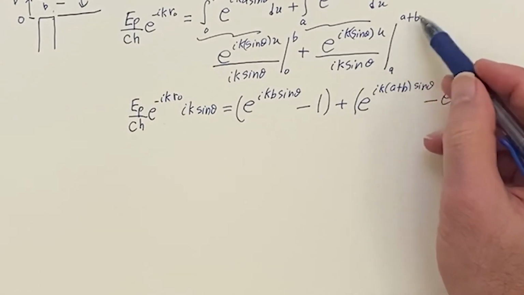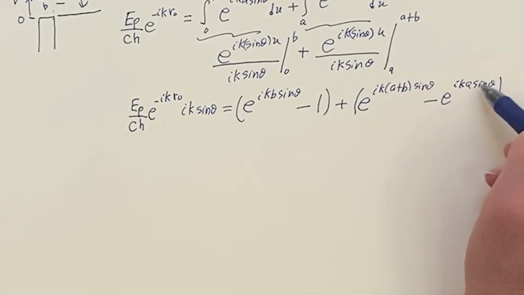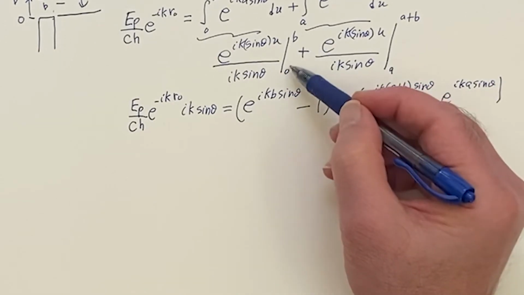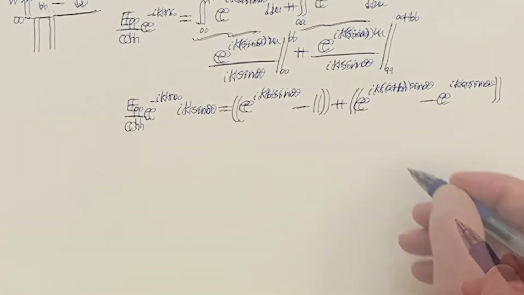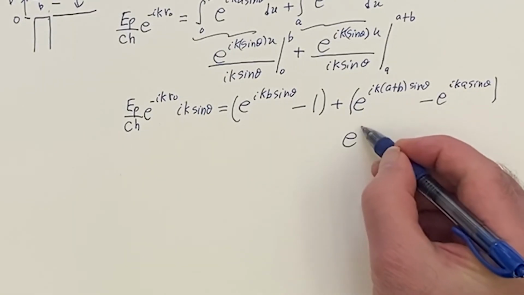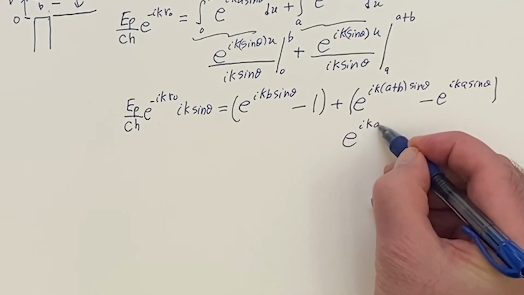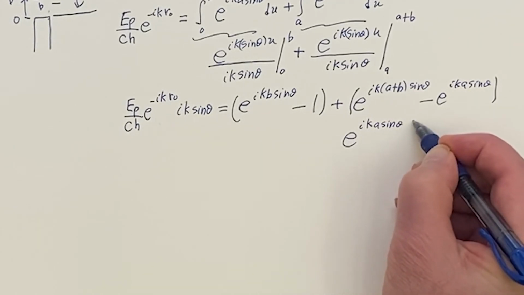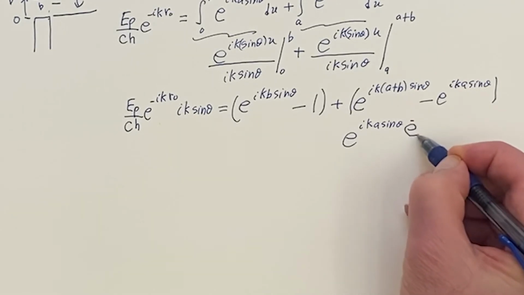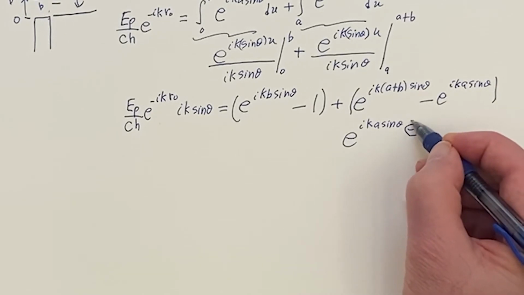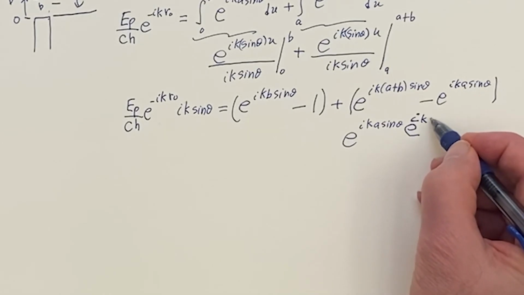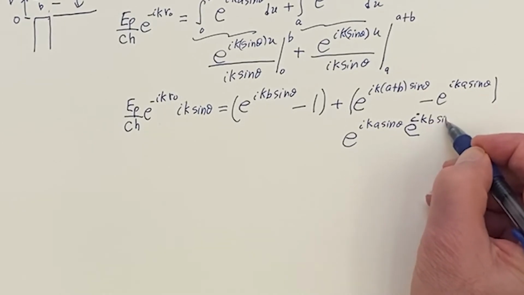So here you have the a plus b for the u, and then you have the a for the u and the minus sign. Here you have the b for the u, and then here, because it was 0, you just have the 1. I'm going to factor out on this one. Since I have an i k a in both places, if I take the i k a sine of theta, I'll have here e to the i k b sine of theta.